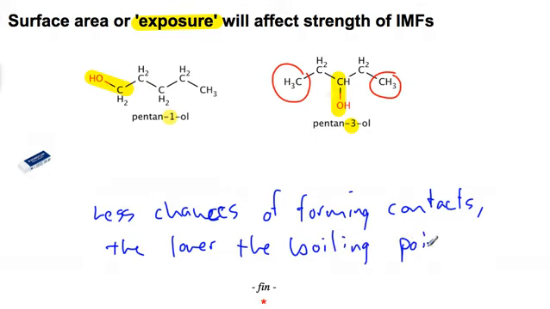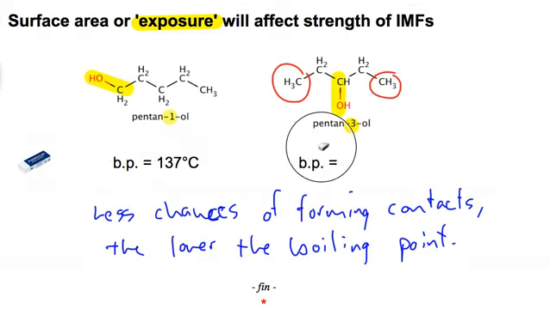And so if we were to predict boiling point of these, we'd predict that pentan-1-ol has a higher boiling point. And indeed it does. Pentan-3-ol has a boiling point about 20 degrees lower. So it definitely is affected. Still a high boiling point because it's an alcohol and it's hydrogen bonding, but because of the position of that hydroxyl group, not quite as readily available for formation of stronger hydrogen bonds. And that concludes this video.